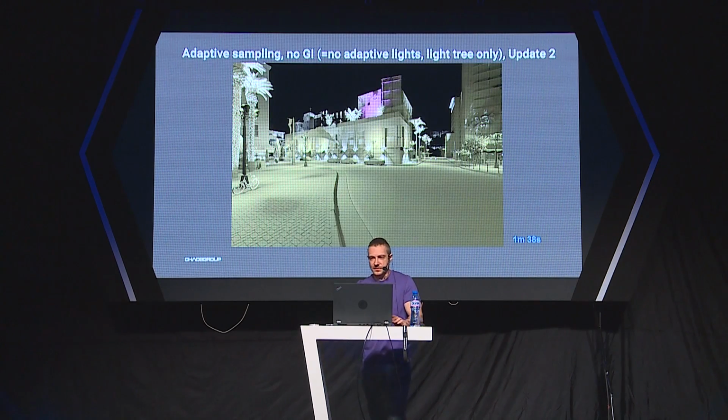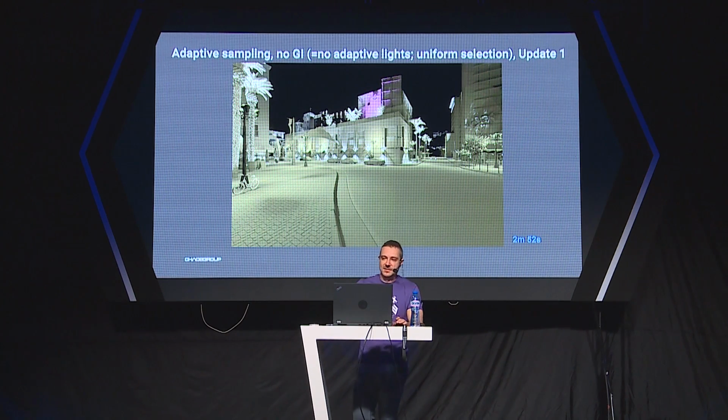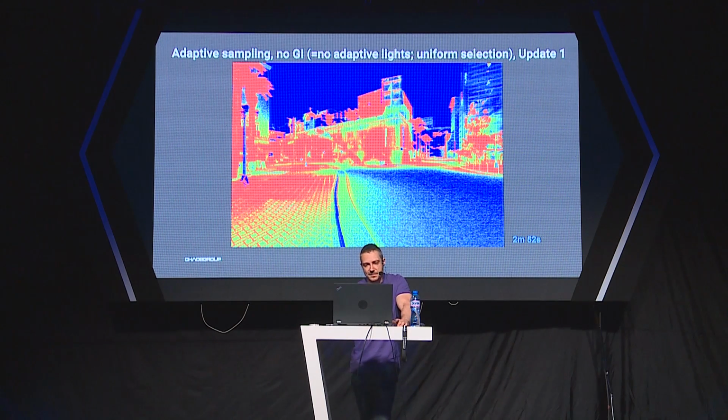So for the final result, there's no visible boundary, no visible edge in the image. And the final render here with update 2 is 1 minute and 38 seconds. Whereas if you try to do the same thing with update 1, you will still get the image, but it will take almost twice as long. So the light tree by itself helps a lot in this case. And if you look at the sampling rate render element for update 1, it's quite a bit noisier.